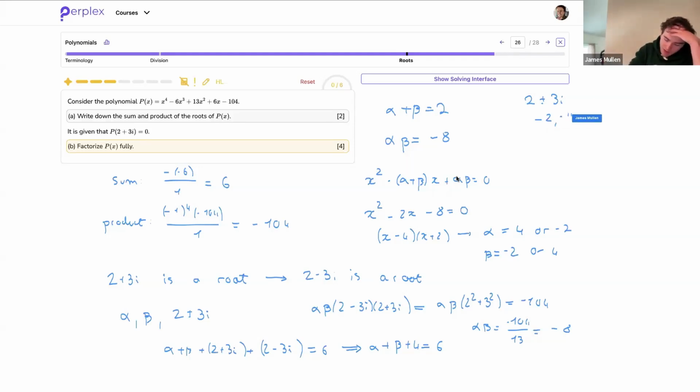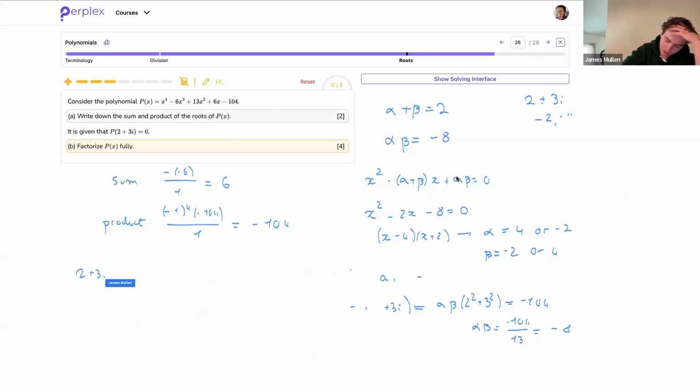Now, the question is asking us to factorize this fully. Okay, so we're going to have to do that. If 2 plus 3i is a root, then 2 minus 3i is a root, right? So I can write at least one of the factors as x minus this times x minus that. And that's going to be x squared, then minus x times the sum of those two roots.